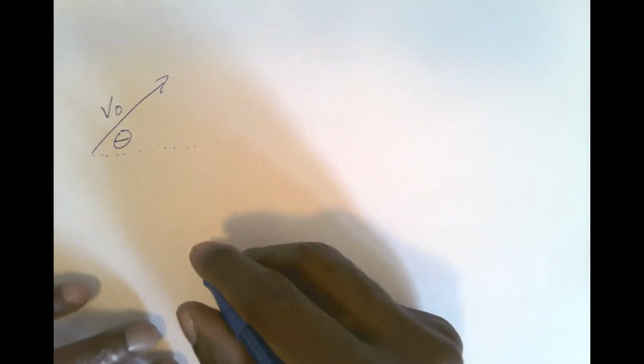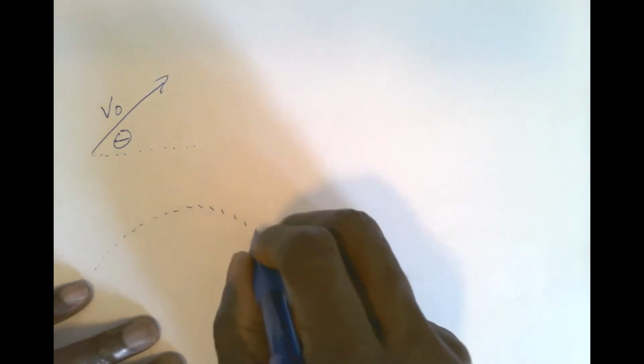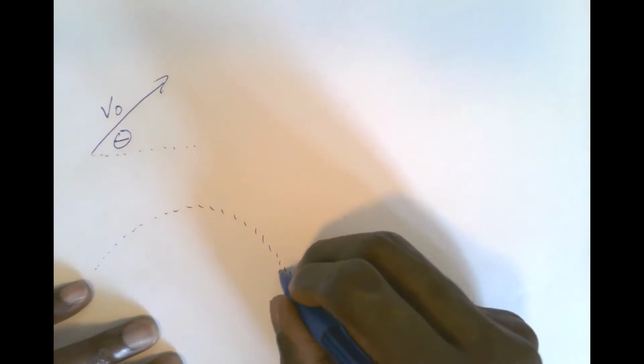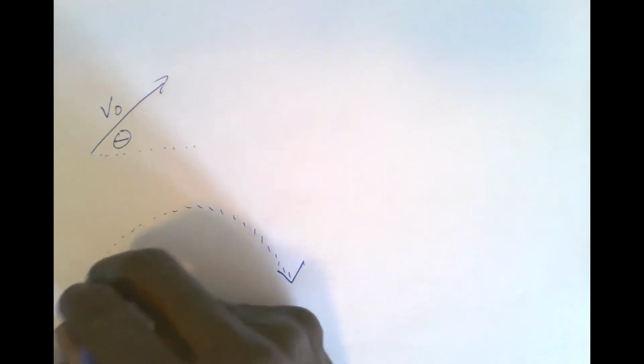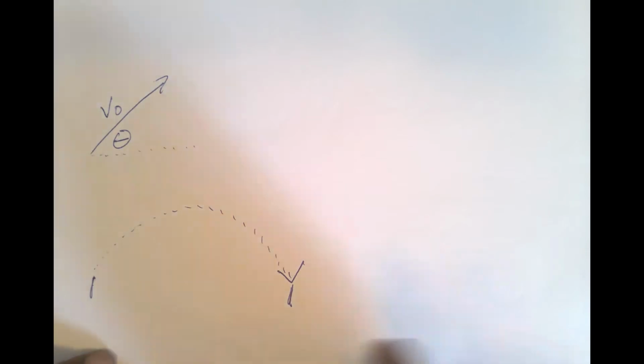Now, when we throw this projectile, its path is going to be that of a parabola. So it's going to travel somewhat like that, starting here and hitting here. And what we want to figure out is what is this maximum distance here.